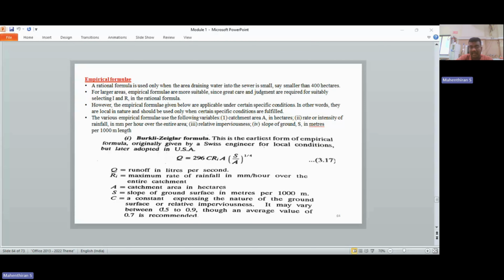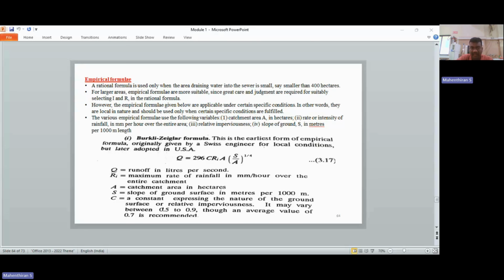An empirical formula is derived from observation and experience, not from theoretical principles, but it considers the theoretical principles to a certain extent. Engineers and hydrologists collected years of actual runoff measurements from real catchments, analyzed the data, and then fitted a mathematical equation to match the observed patterns.